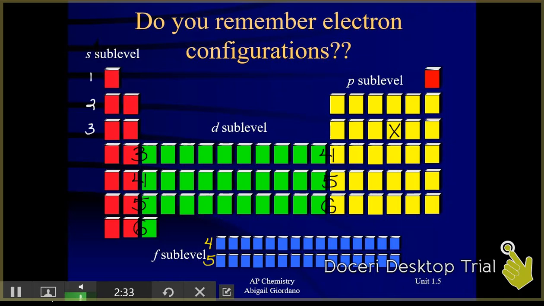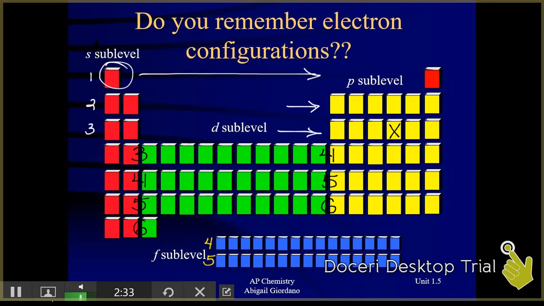Remember, we do electron configurations just as we read in English. We start at the top left corner and we read left to right, top to bottom. So we're going to start right here and read across. We go 1s2, 2s2, then I'm here, 2p6, 3s2, then I'm here, 3p, 1, 2, 3, 3p4.